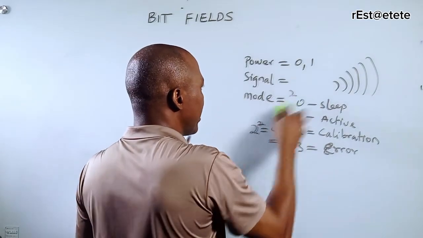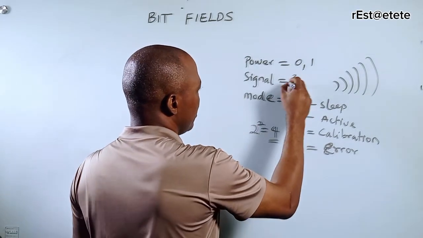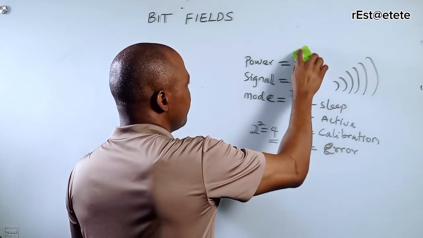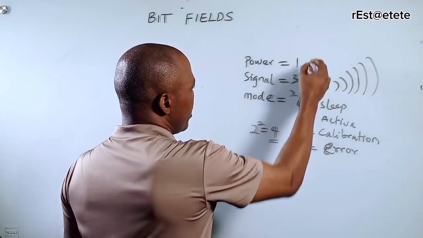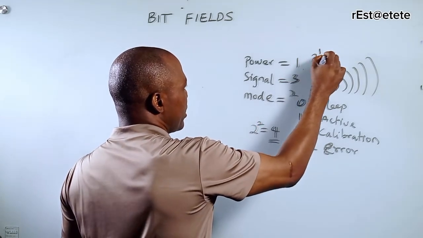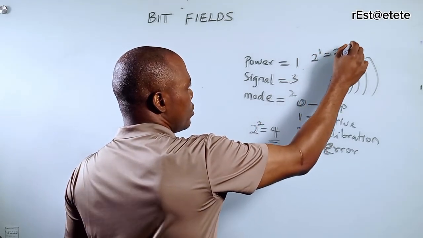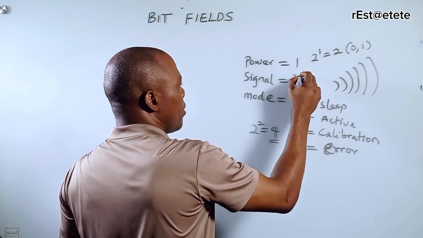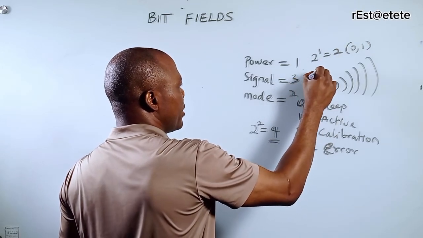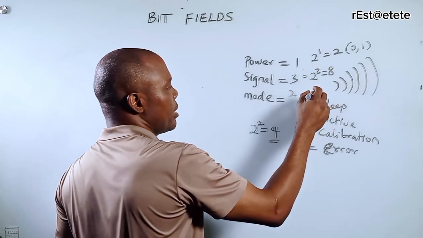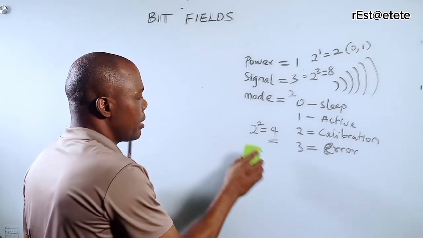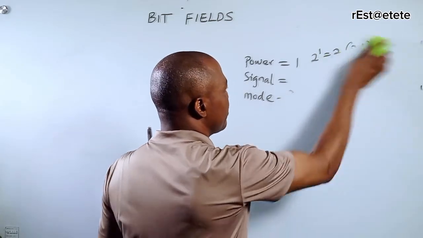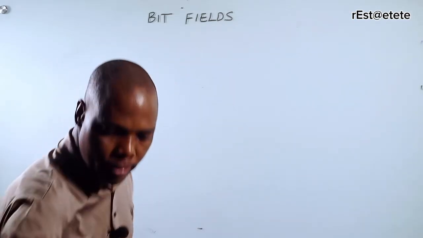Then for power, I need just 1 bit, because this will give me 2 raised to the power 1, that will give me 2 values, 0 and 1. The signal will be 2 raised to the power 3, that will give me 8, so 0 to 7. Let's write a program to illustrate that concept.